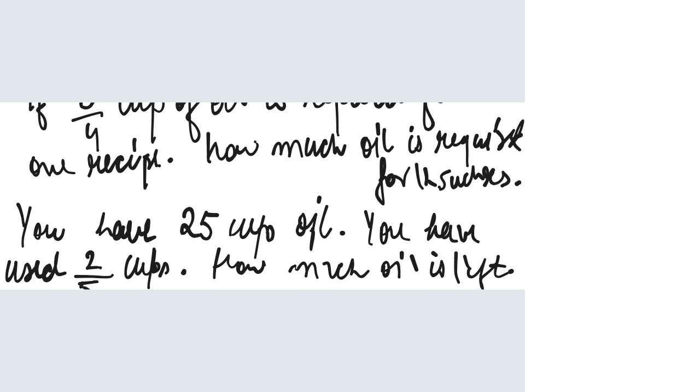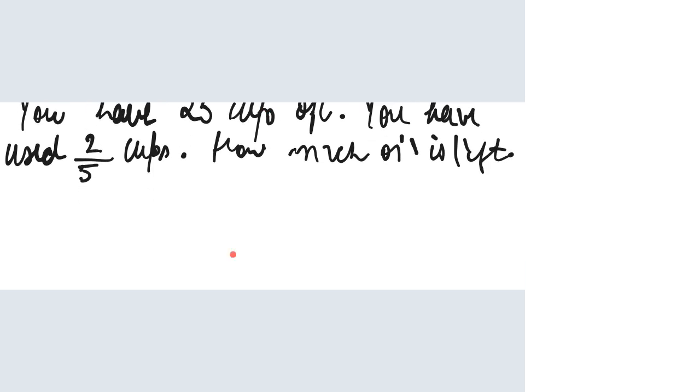Ma'am, 148 by 5. 148 by 5? Yes, ma'am. No. You subtracted it? So you subtract 2 by 5 from 25. When you took the LCM, 5 is the LCM.